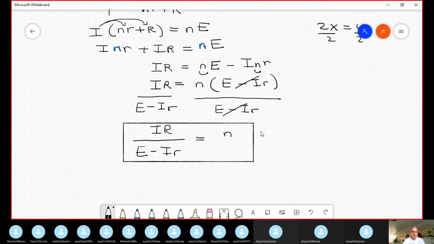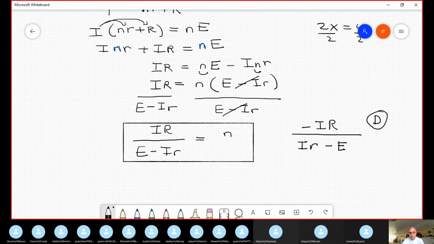This looks a little bit similar to option D, but option D looks a bit different: minus IR divided by little r minus E. But this option is equivalent to this if you multiply top and bottom by -1.